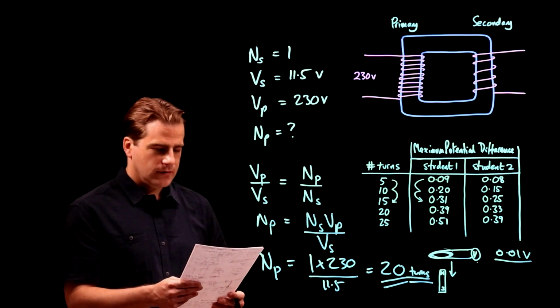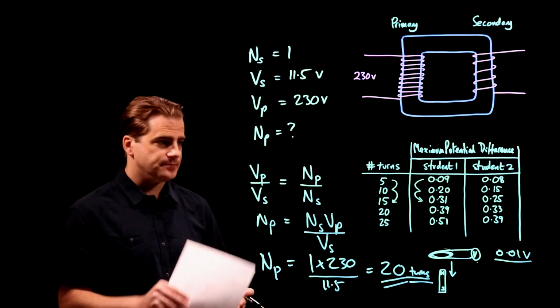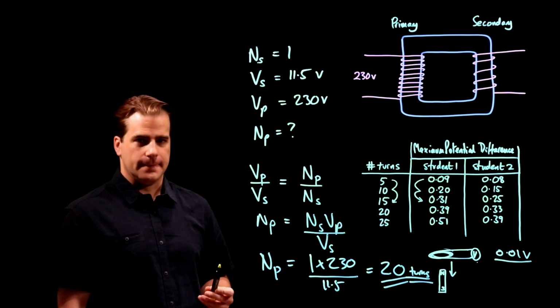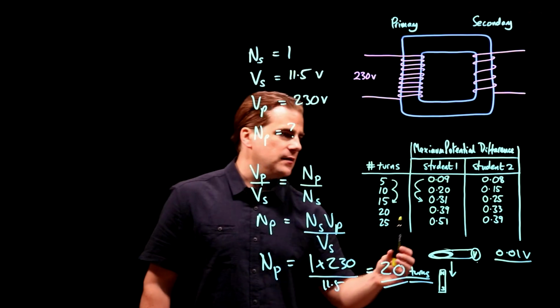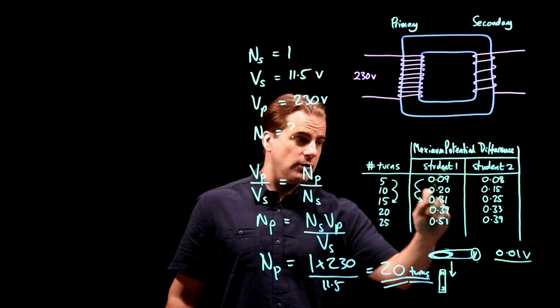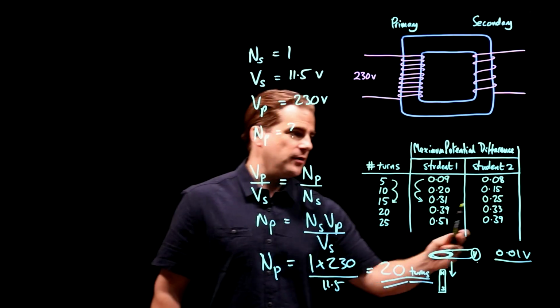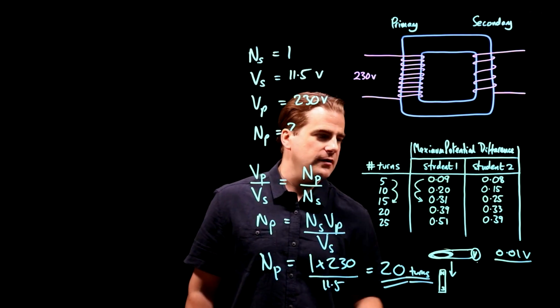Okay. How do the results show that the investigation is reproducible? Well, if student 2 hadn't done this experiment and only student 1 had done it, then student 2 comes along and gets these set of results.